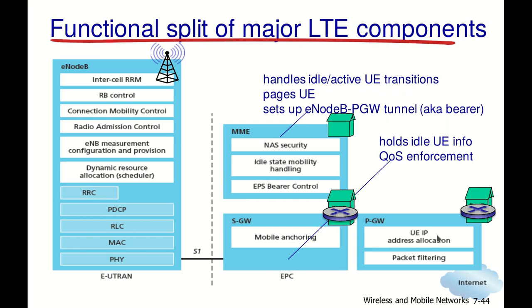And the packet data gateway allocates the IP address for each of the user equipments, and it's also responsible for packet filtering. So basically, it's like the router gateway. Before all the traffic enters the networks, let's say the corporate networks, it has to filter the traffic.